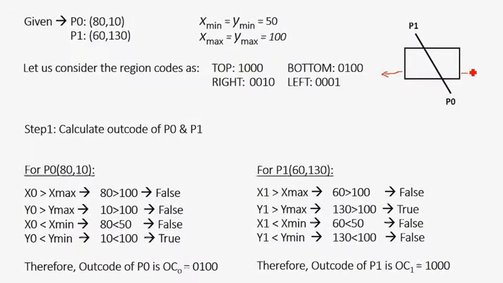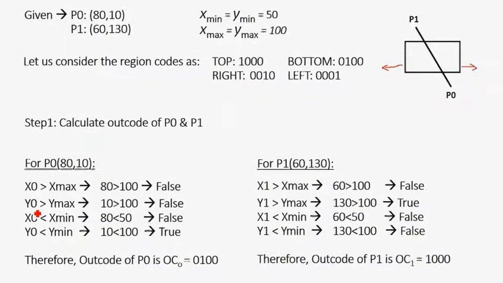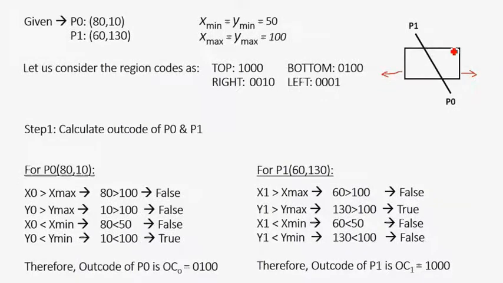Similarly, I'll take y naught and see if it is greater than y max. Since it is false, it's not in the top region.